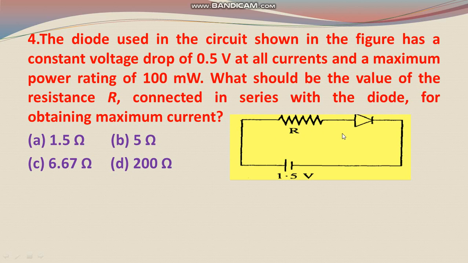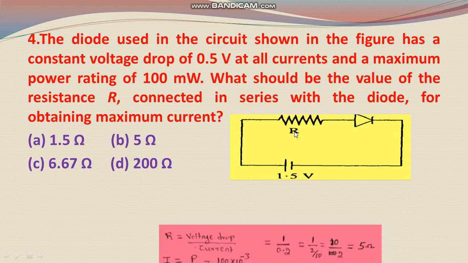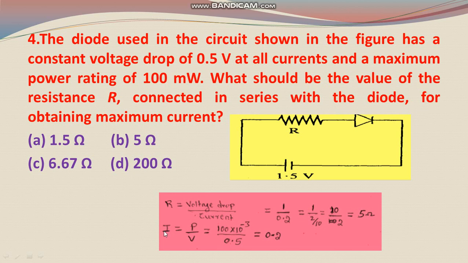It is in series, so current through diode, same current through resistance also. When you know potential and current, then we can calculate R value, right? So first I value to calculate, power divided by voltage.